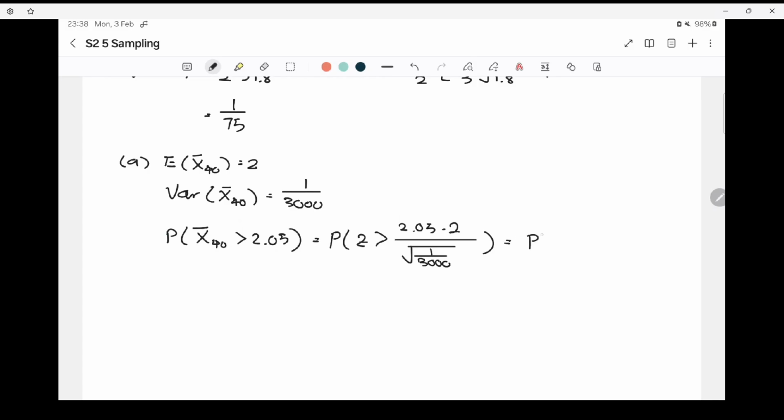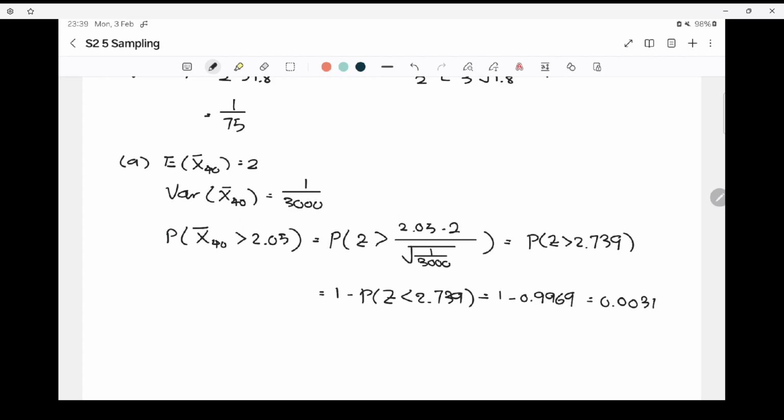So this is P of Z greater than 2.739. 1 minus P of Z smaller than 2.739. So what you will get is 0.0031.